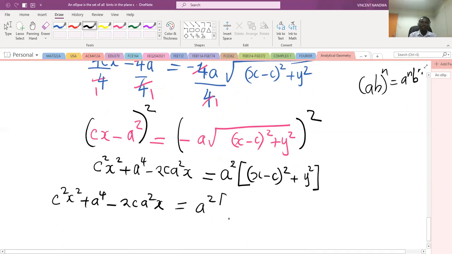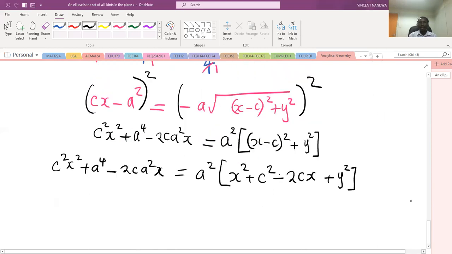a squared into x squared, opening this, c squared minus 2cx plus y squared. And then open the brackets.